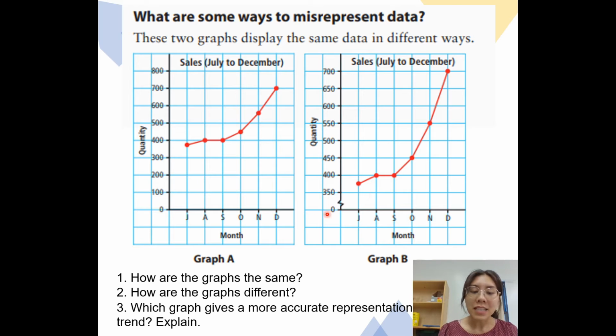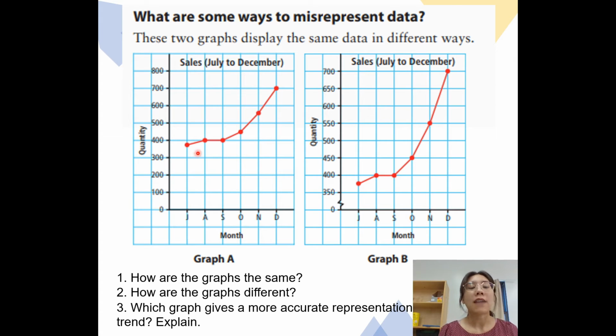And so with the distortion of the scale, creating the zoomed in effect, it might exaggerate the idea that the sales in the earlier months, July, August, and September, were all really, really bad, and that there was an upwards trend that was very obvious and very significant as we head into December. Now, this might not necessarily be true, and it might not be as exaggerated as this looks.